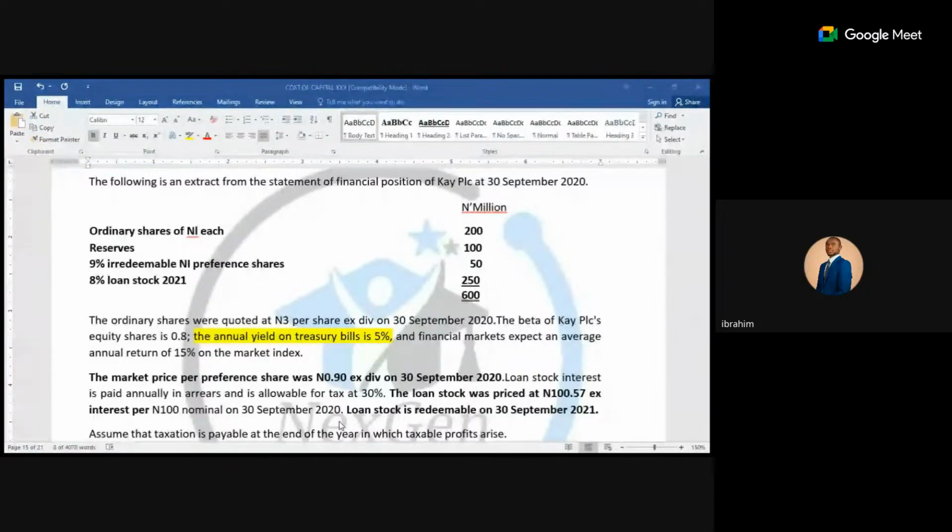Then I will pay it back. It has a specific period. I will pay it back in 2021. That is just 1 year. So therefore, you can use internal rate of return to determine the cost because it is just 1 year. If it is 2 years, fine. If it is 3 years, fine. Class, am I communicating, please? Am I communicating, please?